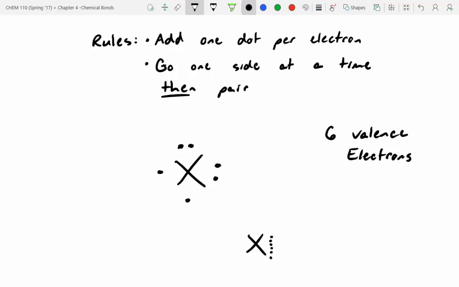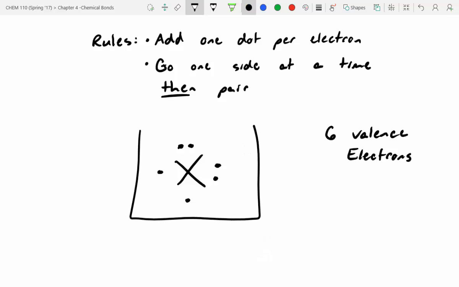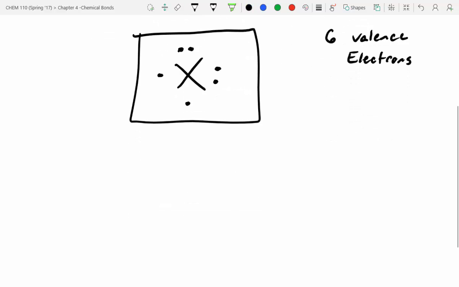That looks funny, right? You only want to have electrons in pairs of 2. They can be either solitary electrons or paired electrons. You don't want to see electrons with 3. Does that make sense? Let's do a few examples.